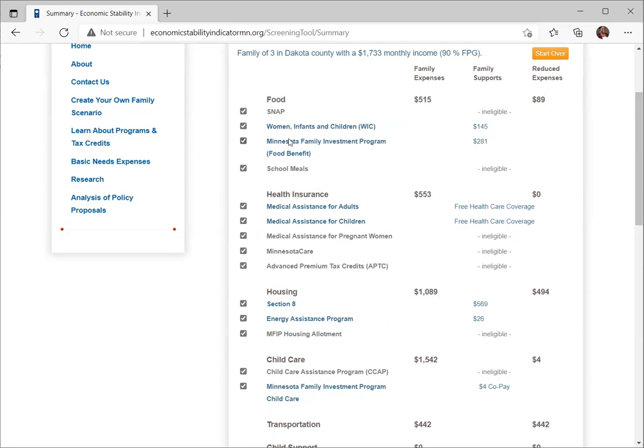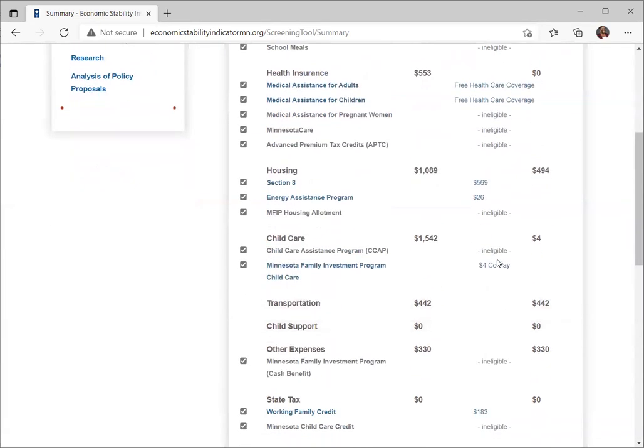So here this family is eligible for WIC, the Minnesota Family Investment Program, which is the MFIP program. So they will receive the food benefit and the child care benefit at this point. We see here that the family is also eligible for medical assistance for adults and medical assistance for children, Section 8, energy assistance, and then that Minnesota Family Investment Program, the child care component.